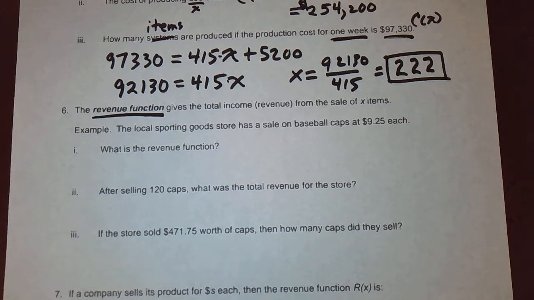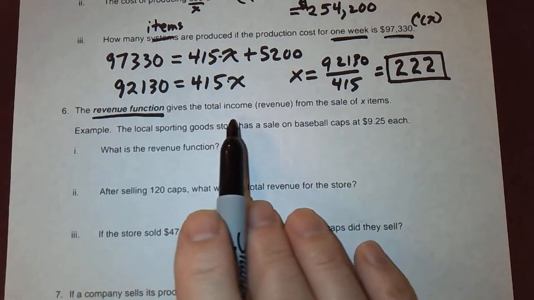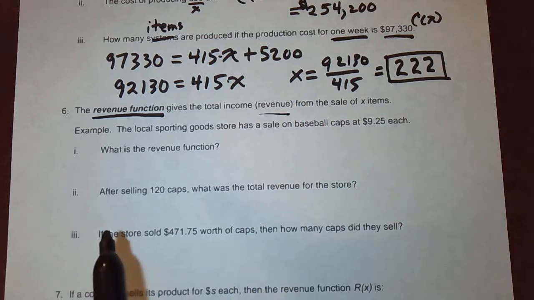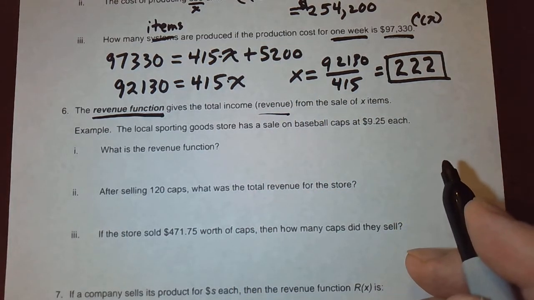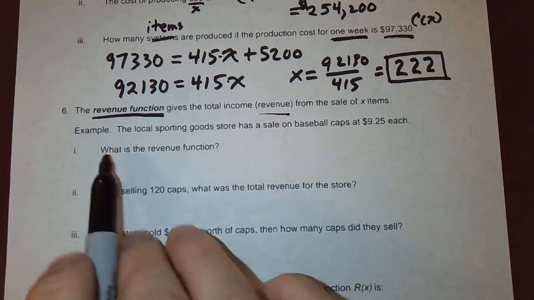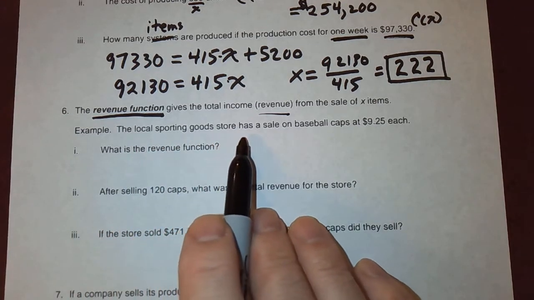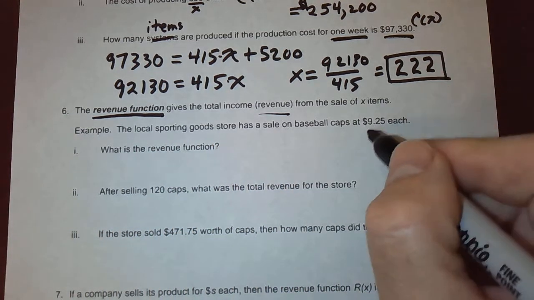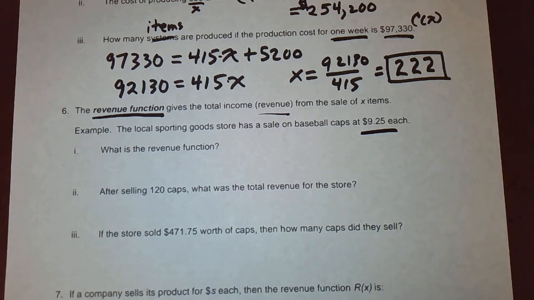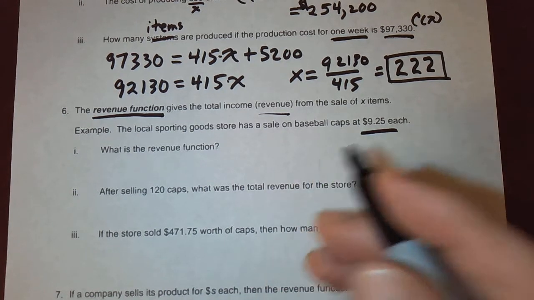So the revenue function is very simple. The revenue function gives the total income or revenue for the sale of x items. Example: the local sporting goods store has a sale on baseball caps, $9.25 each. What would the revenue function be?